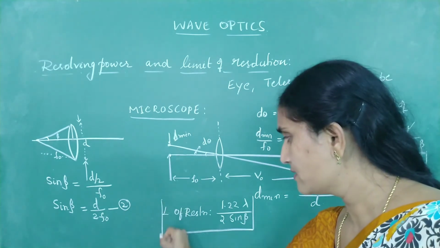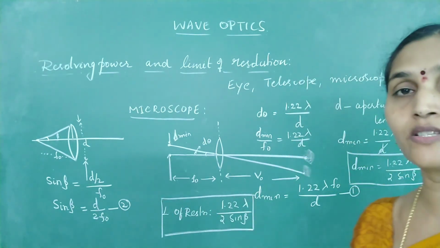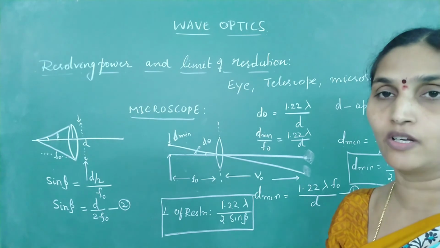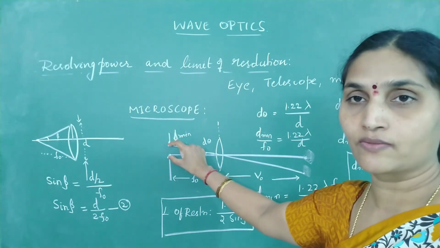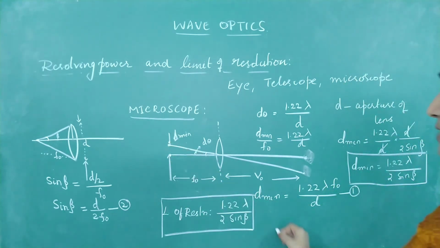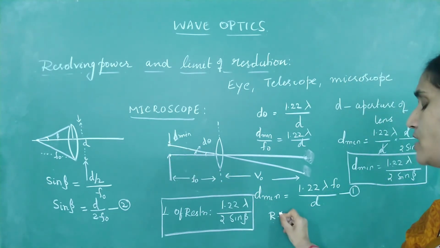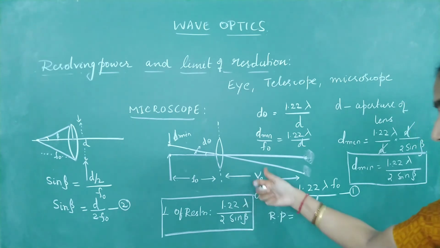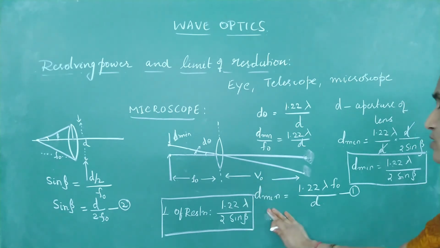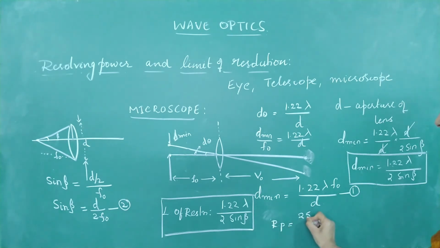And once you get this limit of resolution, resolving power is the reciprocal of it. Lesser the distance, better is the resolving power of the instrument. So what should be your formula for resolving power? In case of a microscope, resolving power is 1 by limit of resolution. Reverse the fraction, you will get resolving power as 2 sin beta divided by 1.22 lambda.